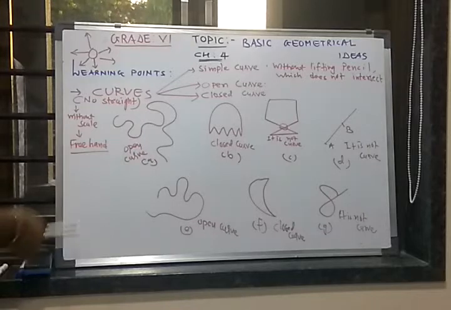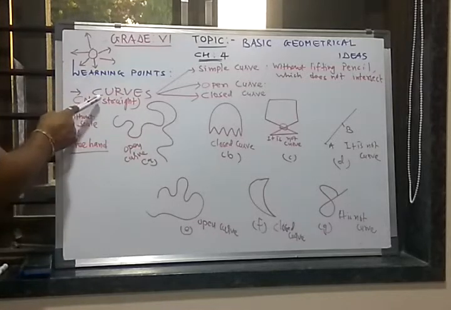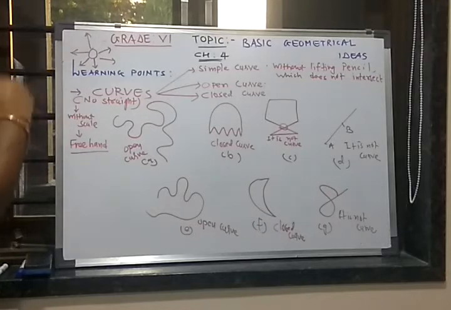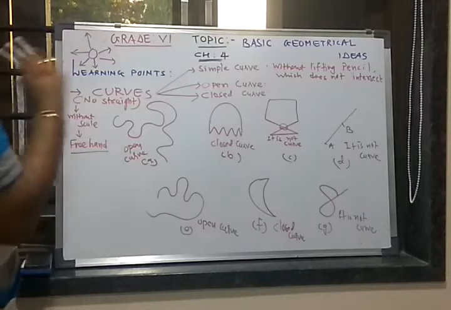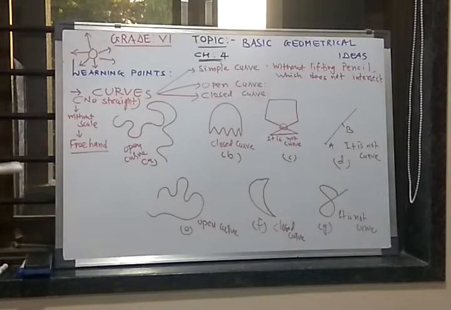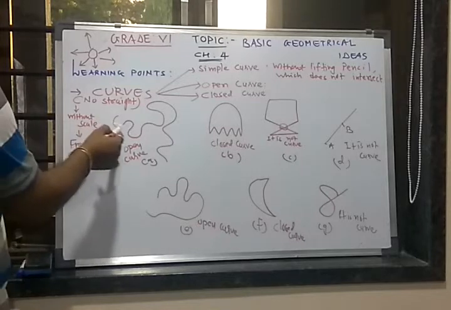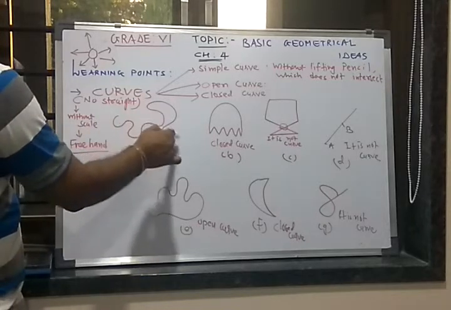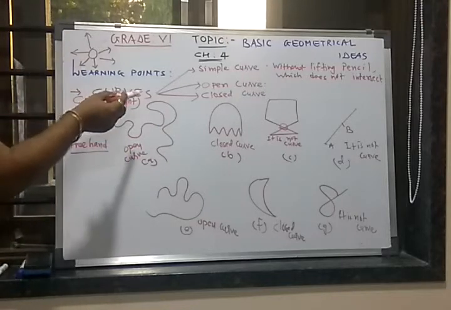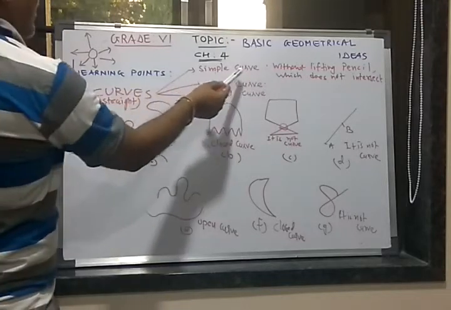Okay, students. New learning point: curve. Curve means no straight line you can find. In a curve, you draw without a scale. You draw with free hand. You do not use a scale. For example, this figure you can draw with free hand. Now, simple curve.